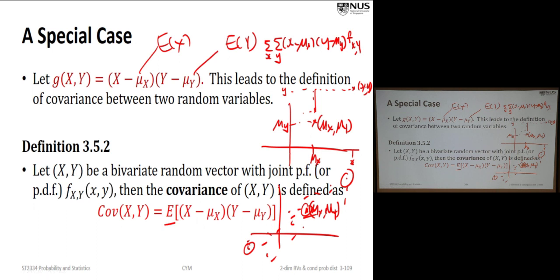If it behaves like this, then this quantity is positive because these two factors are of the same sign. Then times the weight and sum them up.